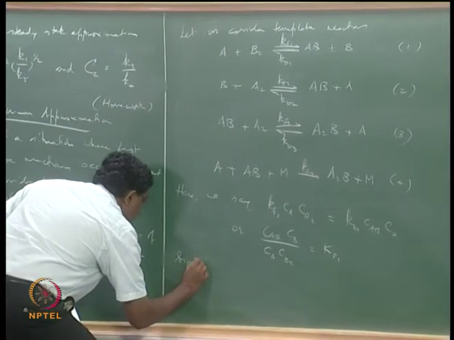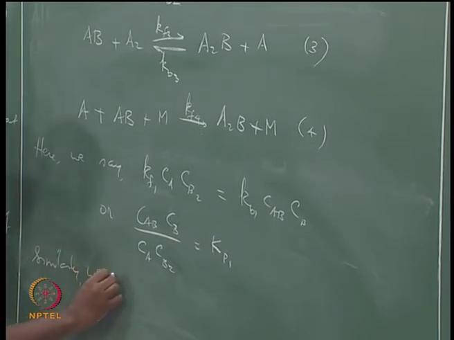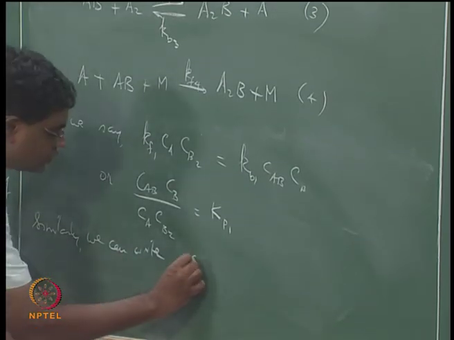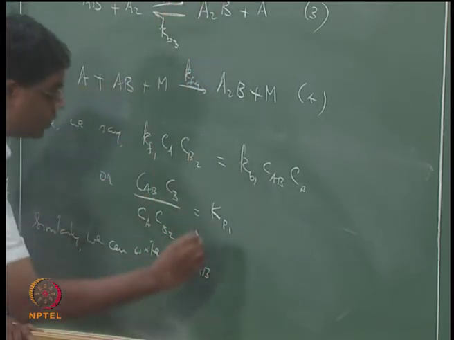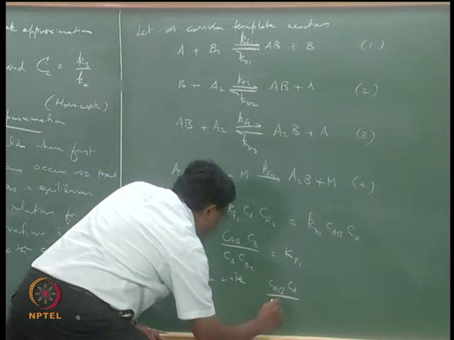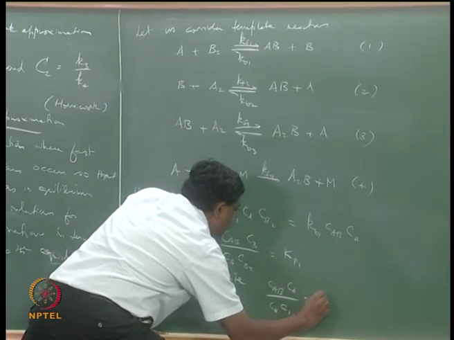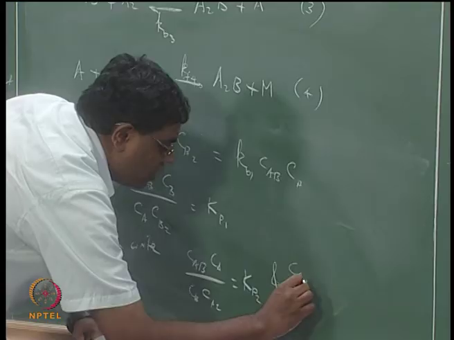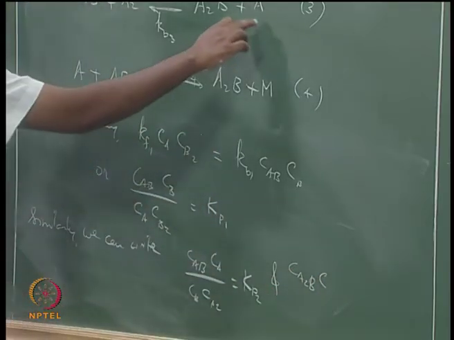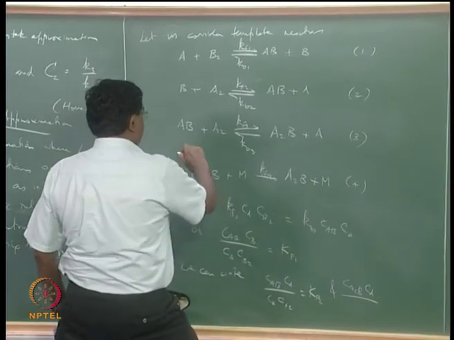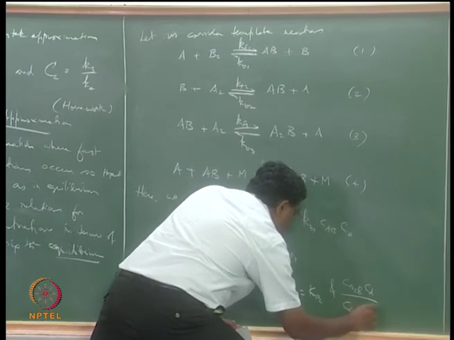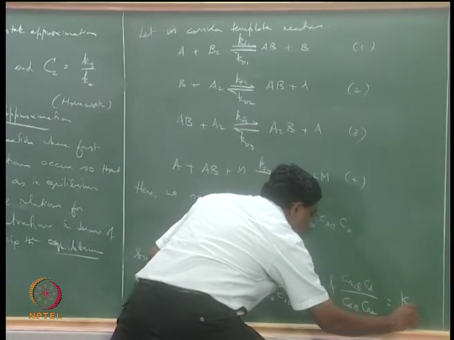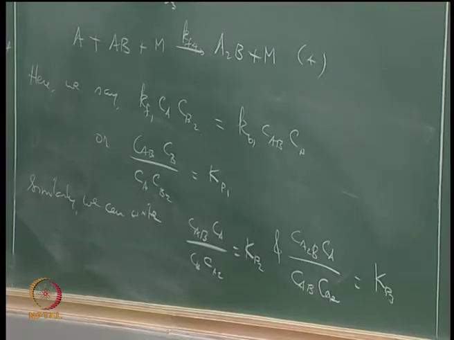Similarly, for the second and third, we can write CAB CA divided by CB CA2 equal to KP2, and the third one, CA2B CA divided by CAB CA2 equal to KP3.